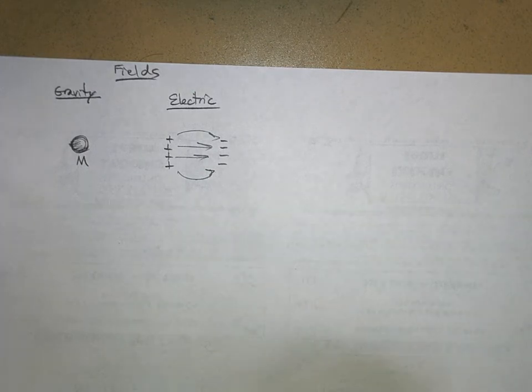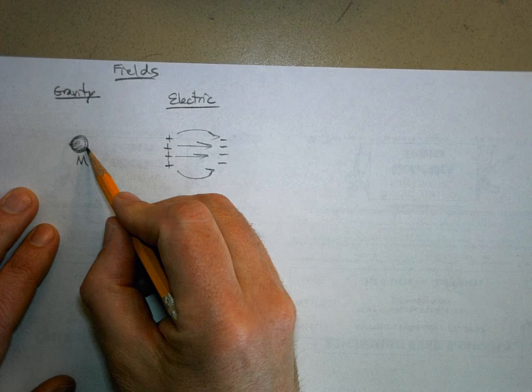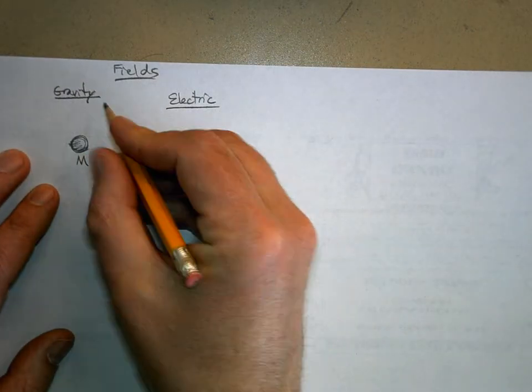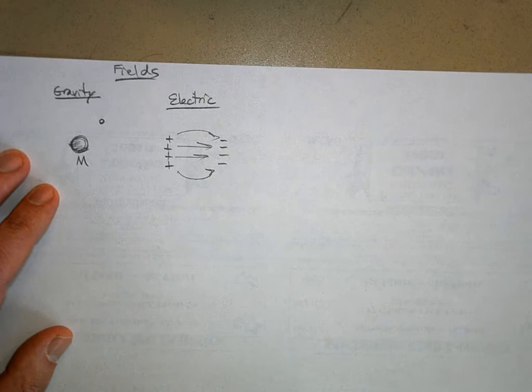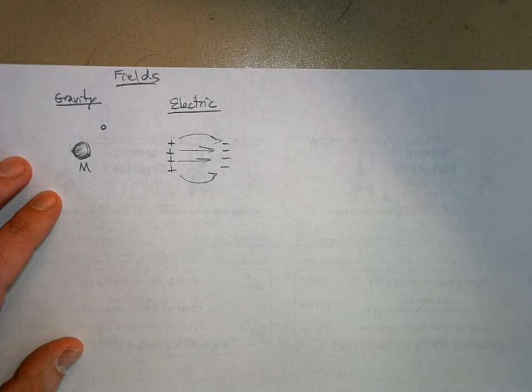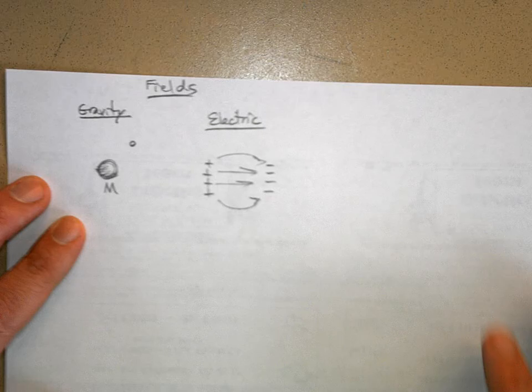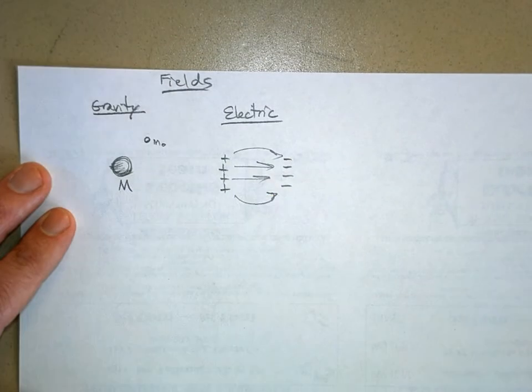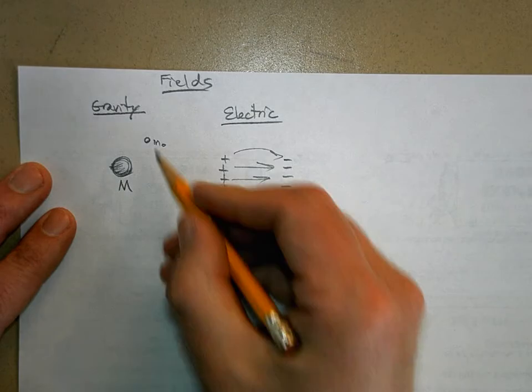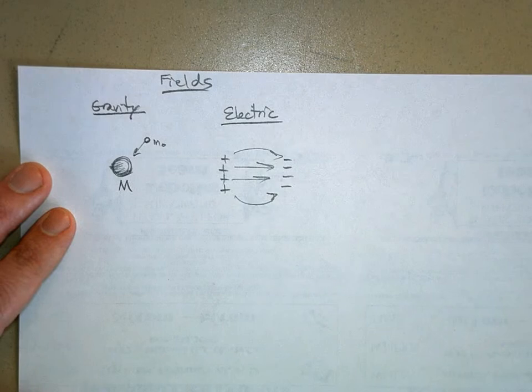Now, gravity has the effect of applying a force to an object that has mass. Okay, so I put a little test mass here, I'll call it m naught, and I measure the field by its effect.